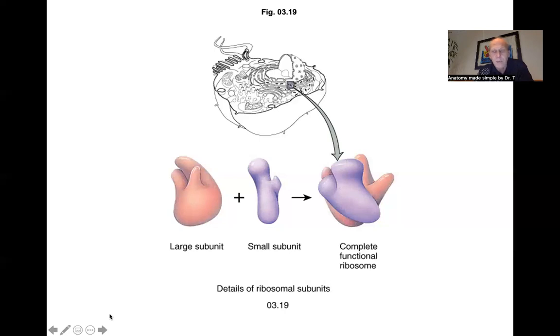We're going to see them in the section about the nucleus, and we'll understand a little better what they do and how they help us synthesize proteins and form a chain of amino acids.